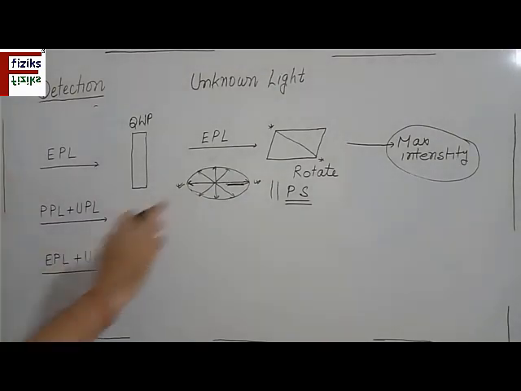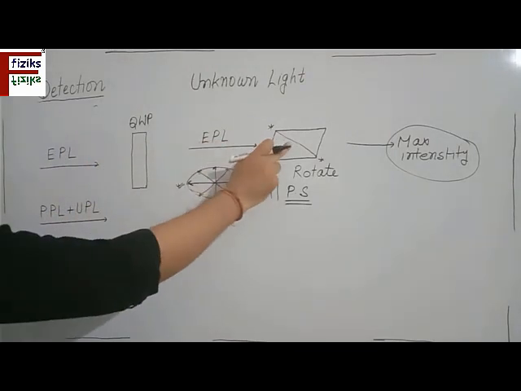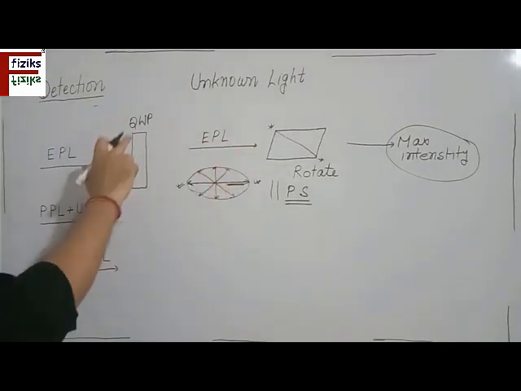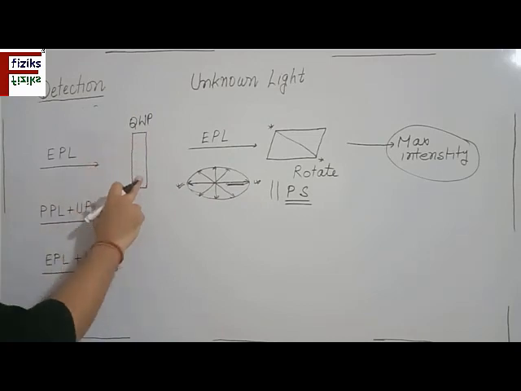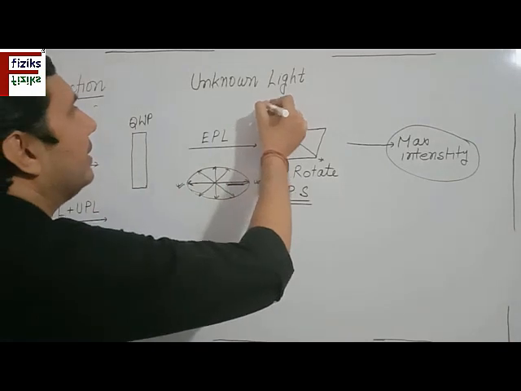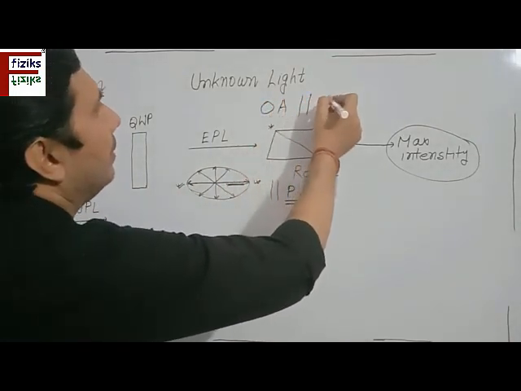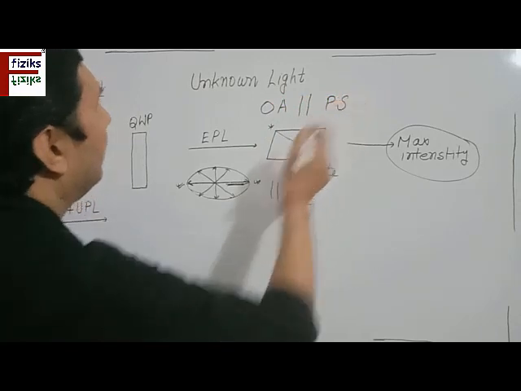So first we find out the principal section of this rotating Nicol, we note down that position, and we will then replace this rotating Nicol by the quarter wave plate in such a way that the optic axis of this quarter wave plate is parallel to the principal section.